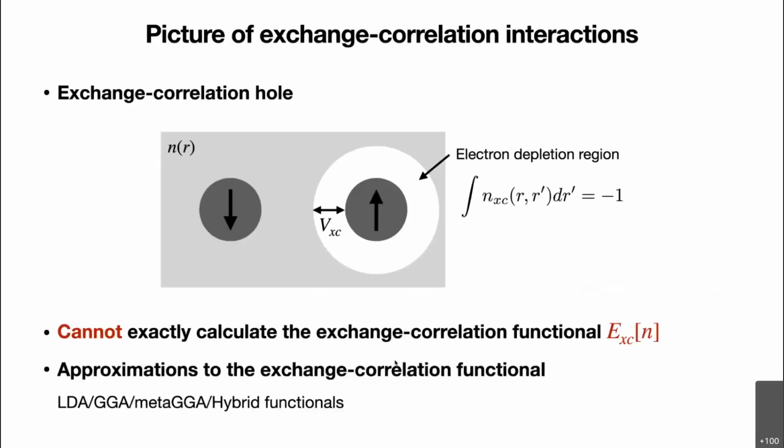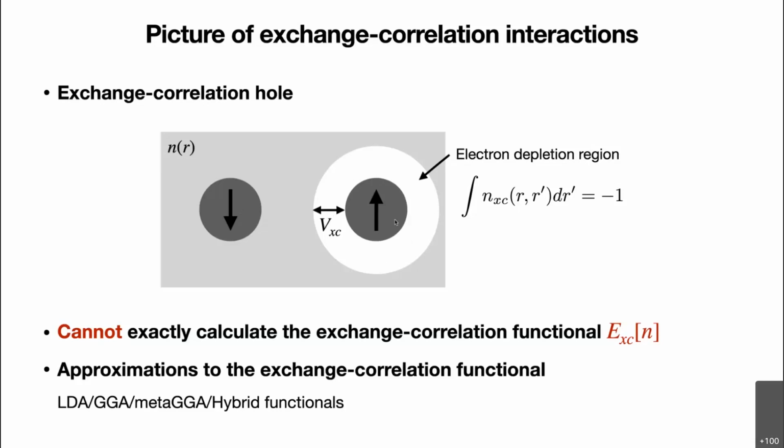So this is a pictorial and schematic view of exchange correlation interactions. Let's say there are two electrons in the electron density. This gray region is the electron density, and there are two electrons. Let's think about the possibility of finding these two electrons near here. But according to the exchange correlation interactions, the possibility is close to zero here.